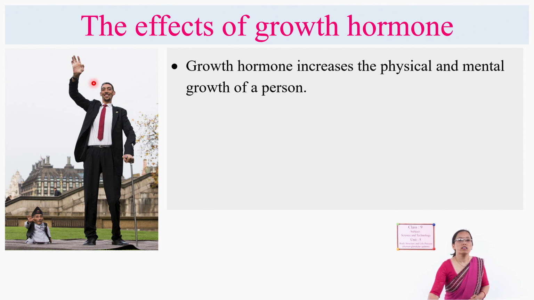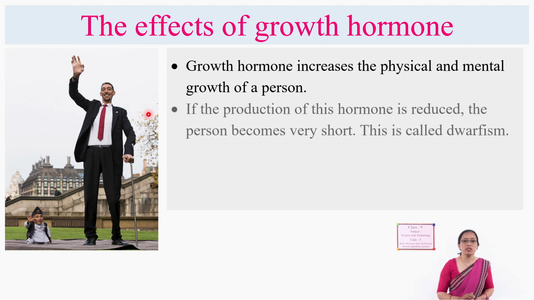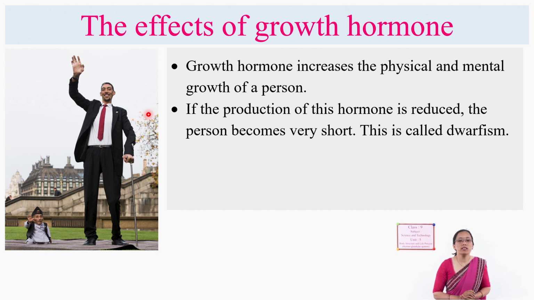Because of that, the person becomes very tall. And if there is deficiency also, if its production is reduced, and a very small amount of growth hormone is produced, then the person will become very short.